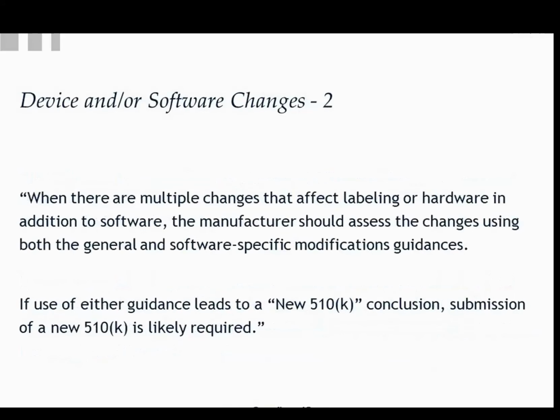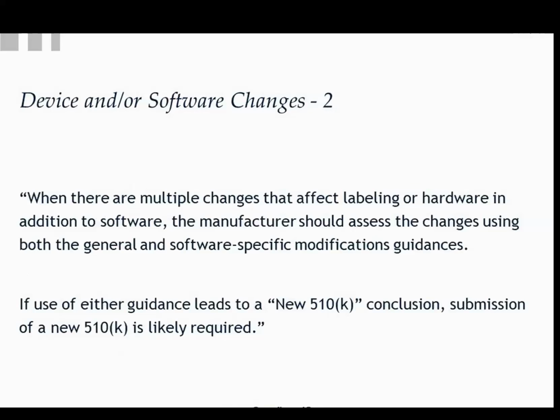Notice here, multiple changes affect labeling or hardware in addition to software. Manufacturer assesses the changes using both software and the general device guidance documents. And if either guidance leads to new 510K conclusion, submission is likely required. Now that's a quote from them.